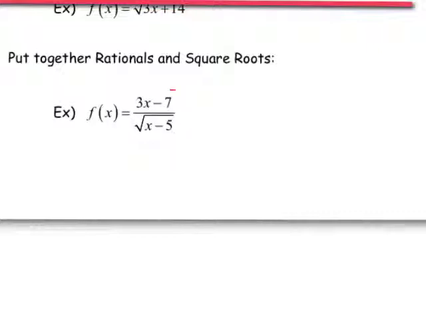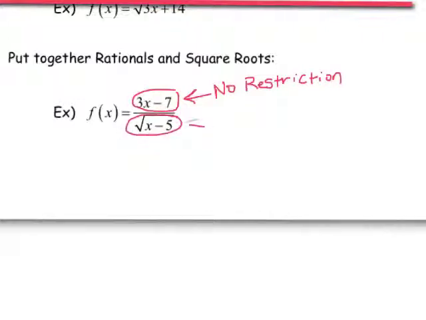So if I look at the top right now, it's 3x minus 7, which is just a linear function, so that would have no restriction. Then if I look at the bottom, it's a square root, and I know that square roots have the restriction that they need to be greater than or equal to 0. But not only is this a square root, but it's a square root that's in the denominator, so I say the denominator cannot equal 0.